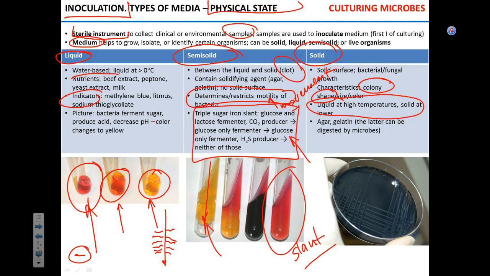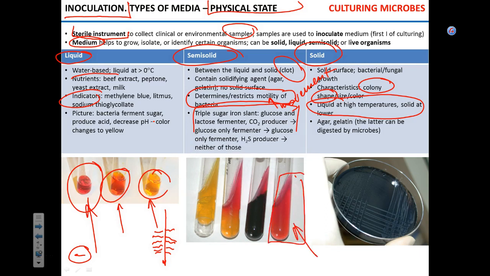Now this is an excellent example here. On the right is the negative control. That makes sense? On the left is a microorganism that can ferment two sugars, glucose and lactose. This medium here, I forgot to mention, is called triple sugar iron agar.